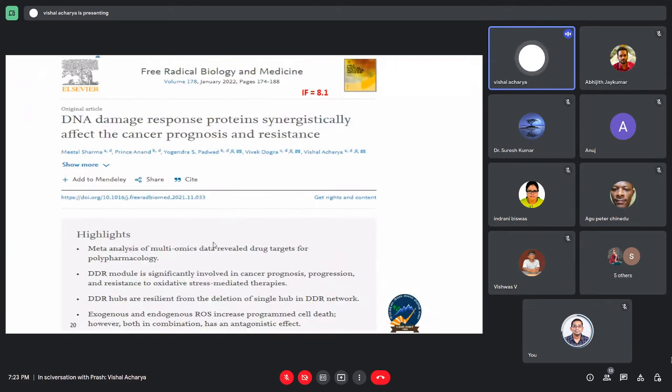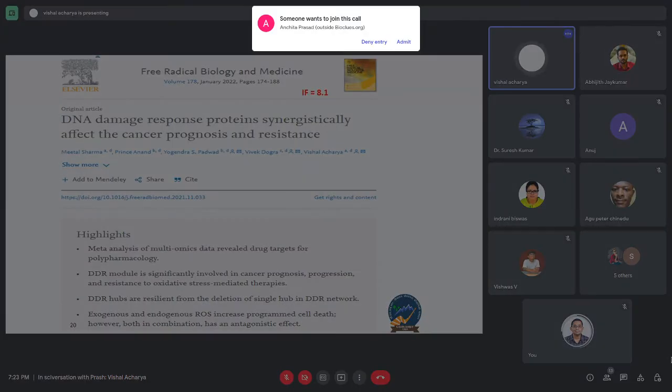It tells about the importance of DNA damage proteins synergistically affecting cancer prognosis and resistance. So this was work about how to plan network pharmacology drug discovery.